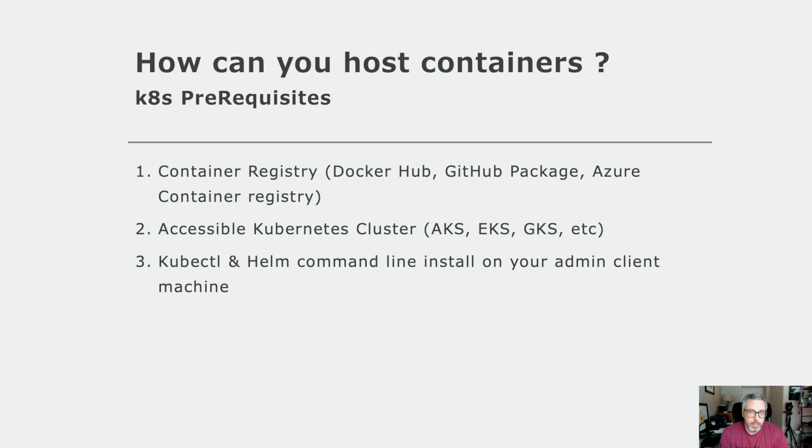The second prerequisite is to have an accessible Kubernetes cluster. When we say accessible Kubernetes cluster, if you have a private container registry, you have to make it available from your Kubernetes cluster.